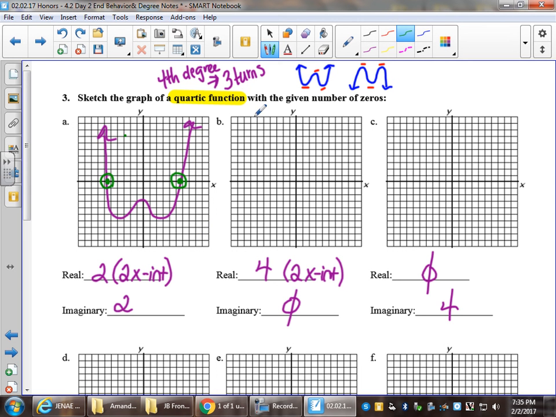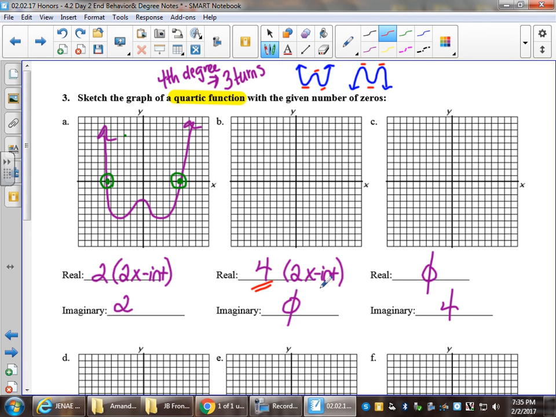Next, case B, we have 4 real zeros, but only 2 x-intercepts. So here, these match exactly: 2 reals, 2 x-intercepts. But notice, now I've got 4 real answers, but only 2 x-intercepts.